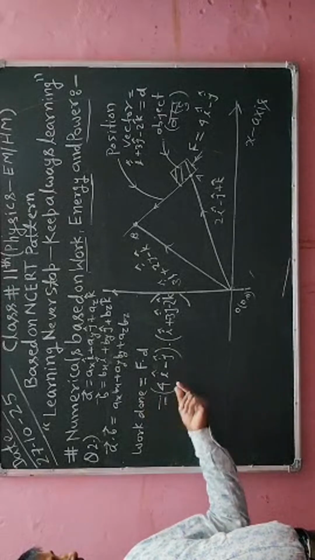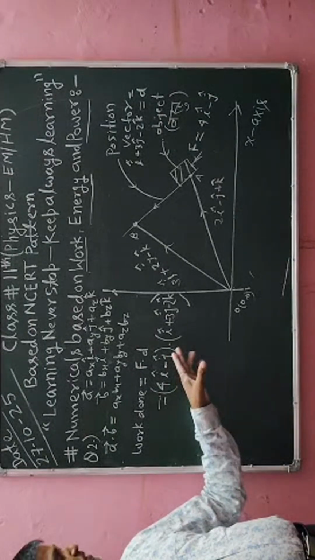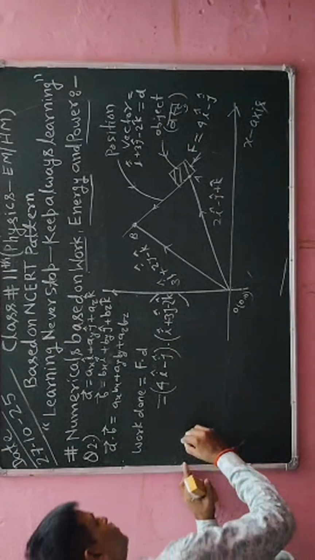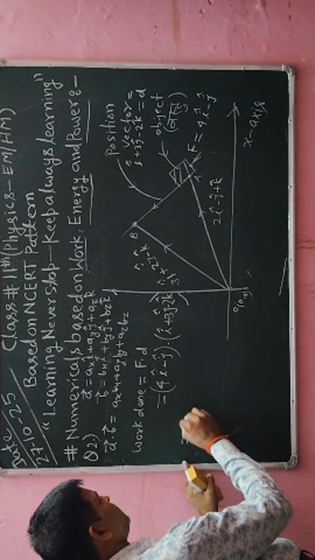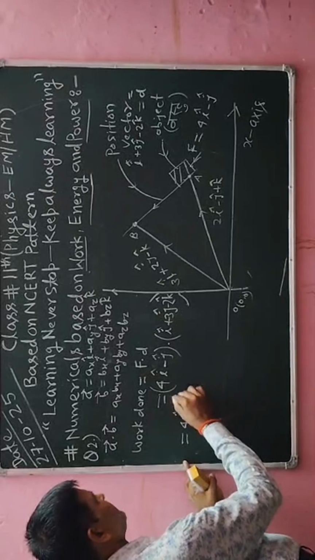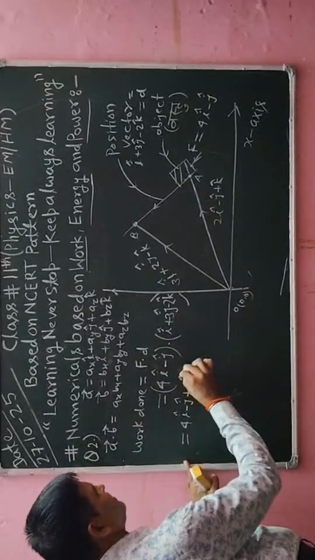Now there are two vectors available, but one component is missing here, so I can write it like this. Concentrate here to understand: 4 i cap minus j cap, and I can write 0 k cap.